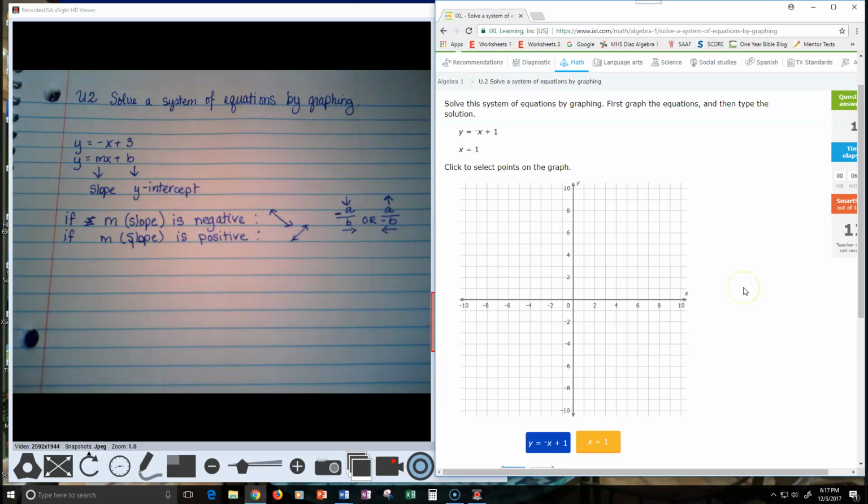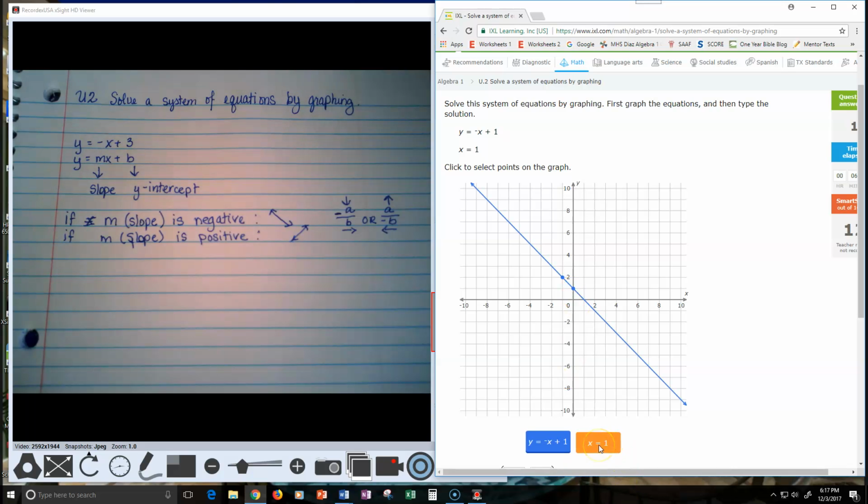All right, let's do the next one. So here we have y is equal to negative x plus 1. Well, we know that 1 is our y-intercept. And then our line is negative again, so it's going to fall from left to right. So this time, I'm going to do it a little bit different. I'm going to go up 1 and to the left 1. And then x equals 1.